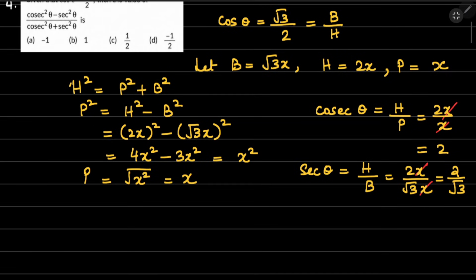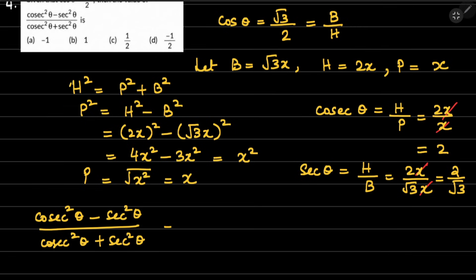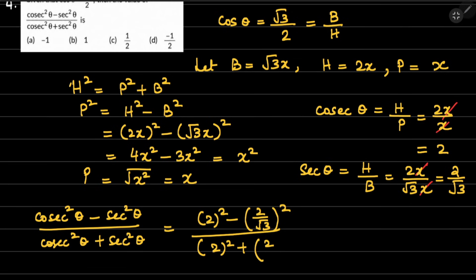Let's substitute these two here. So therefore, cosecant square theta minus secant square theta whole divided by cosecant square theta plus secant square theta. Just substitute. So cosecant theta is 2. So cosecant square means 2 square minus 2 by root 3 the whole square, whole divided by, again, 2 square plus 2 by root 3 the whole square.